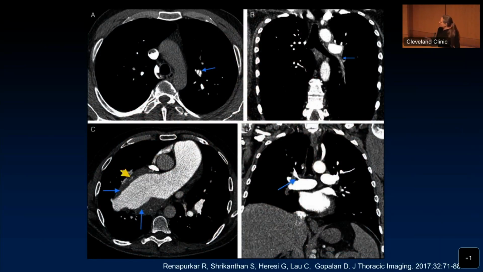So here you can see a web in one of the segmental arteries. Up here you can see retraction of the blood vessel and almost like atrophy. This is lining thrombus, and the yellow arrow shows some calcification within it. And then here, actually, you can see stenosis with post-stenotic dilation.